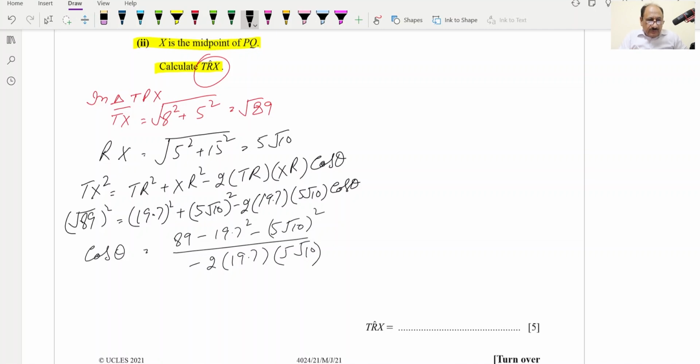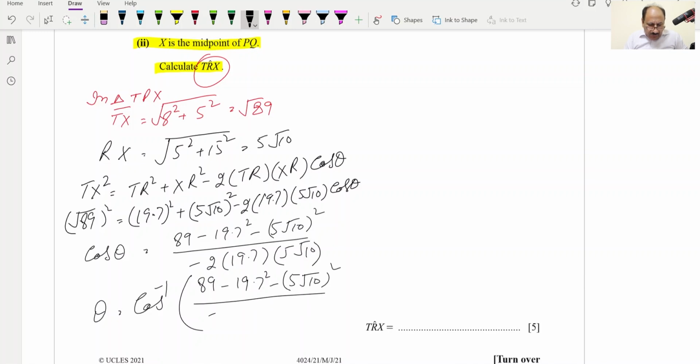So theta will be equal to cos inverse of this whole thing, and this will be calculated with the help of a calculator.